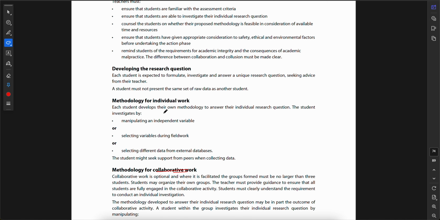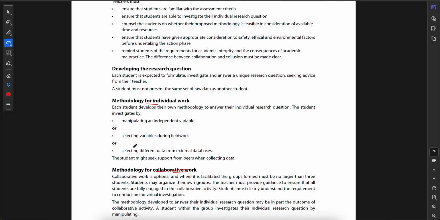You can organize your own group, but you're not allowed to have the same report. There is no group report. It's an individual report, because you have your own research question, which should be different from other students', even though you are in the same group.